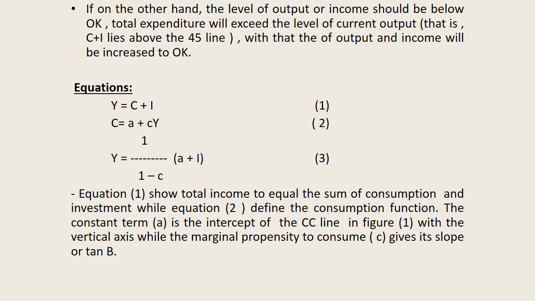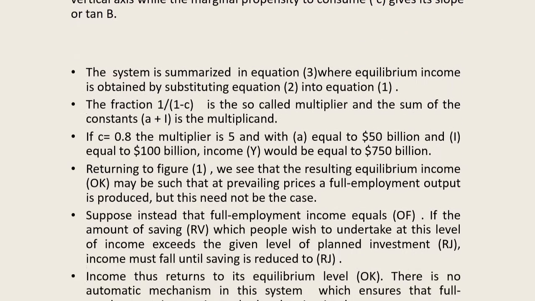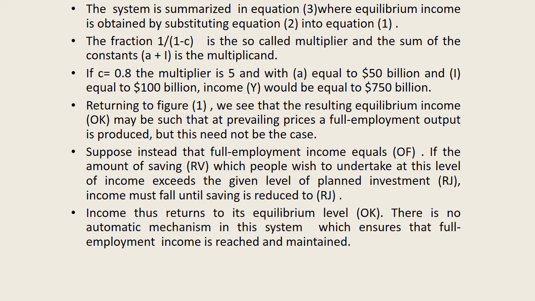The consumption function has two constant terms. The term a is the intercept of the CC line, figure 1, with the vertical axis, while the marginal propensity to consume, represented by c, gives its slope, or tan B. The system is summarized in equation 3, where equilibrium income is obtained by substituting equation 2 into equation 1.